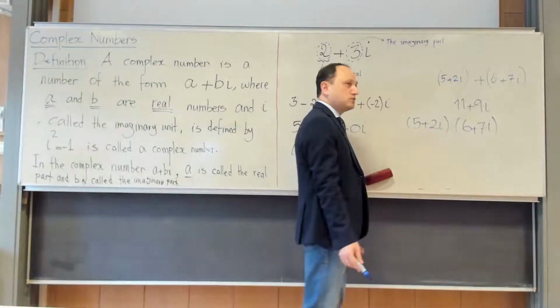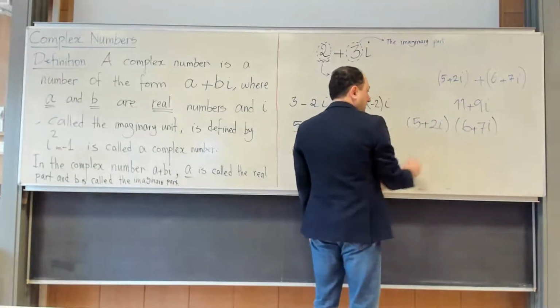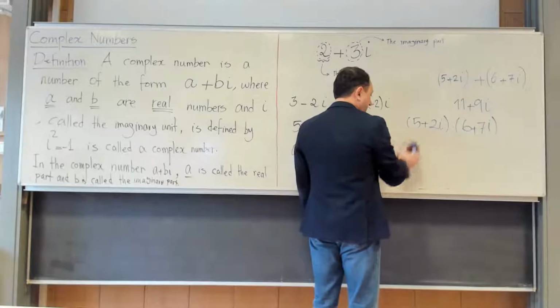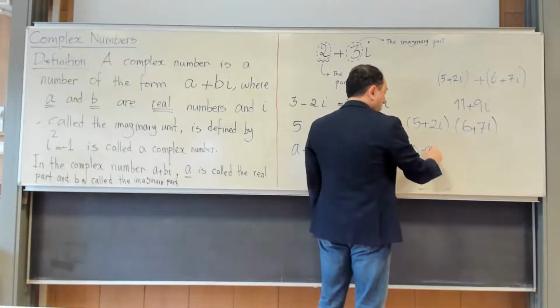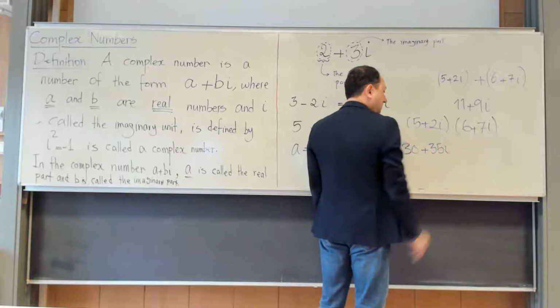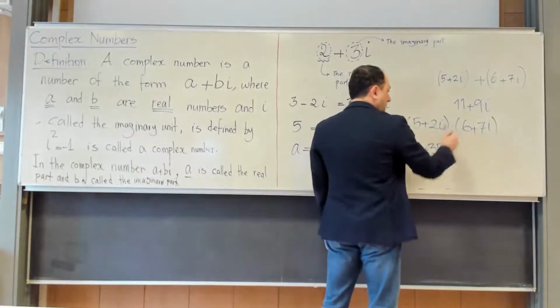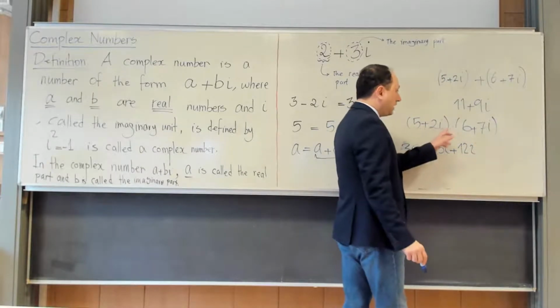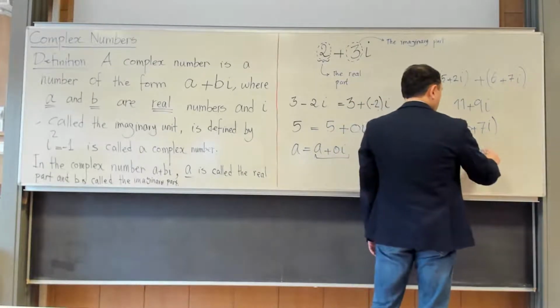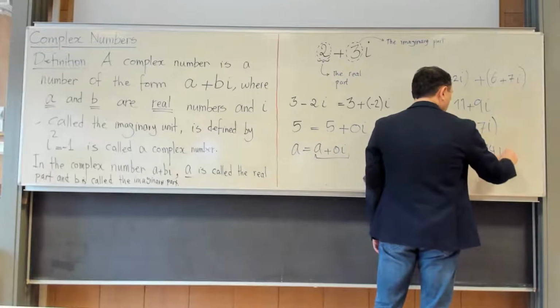I want to keep the rules of the game as before. So it becomes 30. And then 5 times 7i becomes 35i. And 2i times 6 becomes plus 12i. And then 2i times 7i becomes 14i squared.